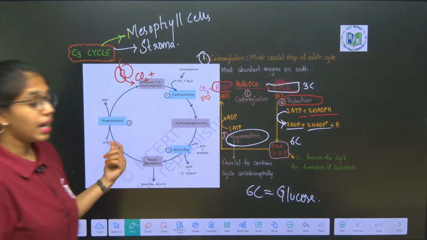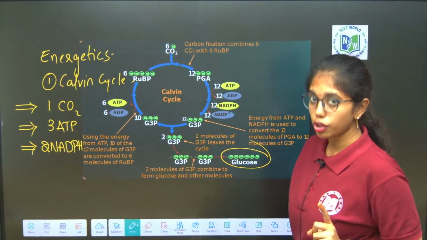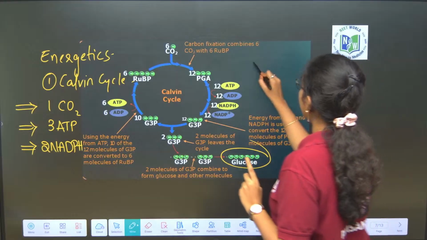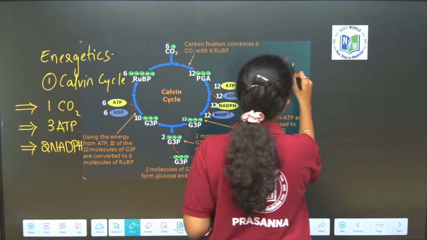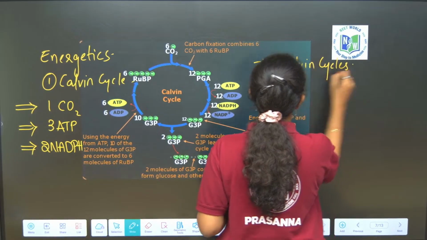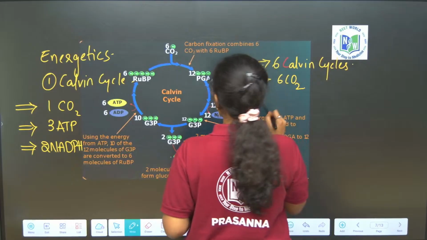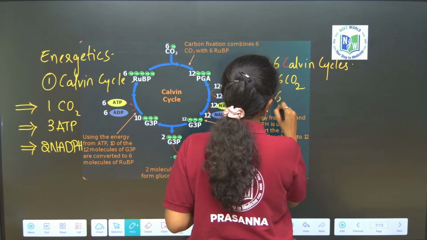Clear, right? Next, for 6 carbon dioxide or the formation of 1 glucose molecule, 6 times the Calvin cycle has to run, right? 6 Calvin cycles. How many carbon dioxide fixations? 6 carbon dioxide fixations. And how much ATP? 6 into 3.